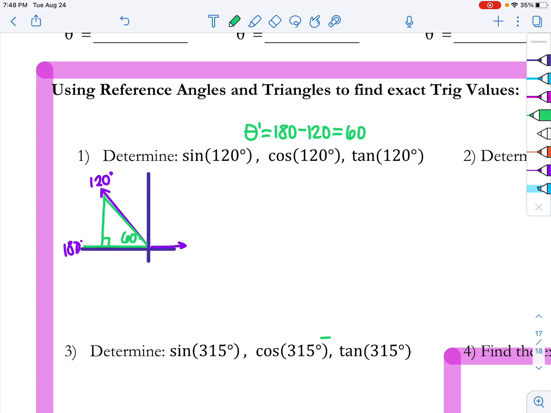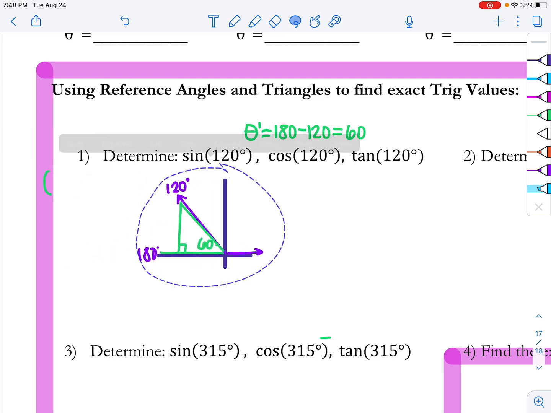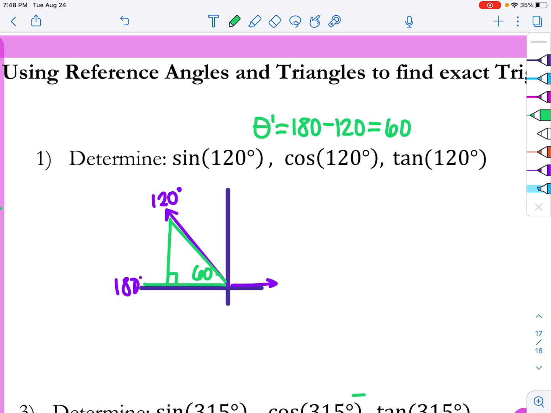If you put your ring finger down for 60 degrees, the coordinates are 1/2, √3/2, right?